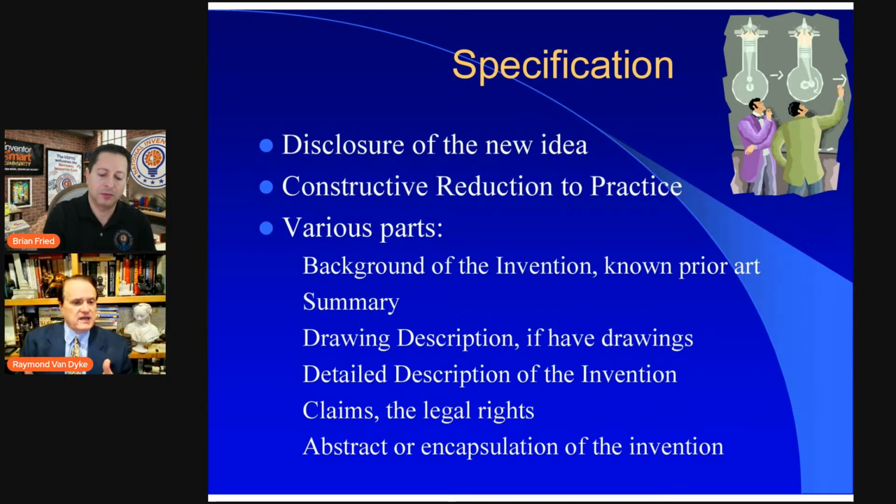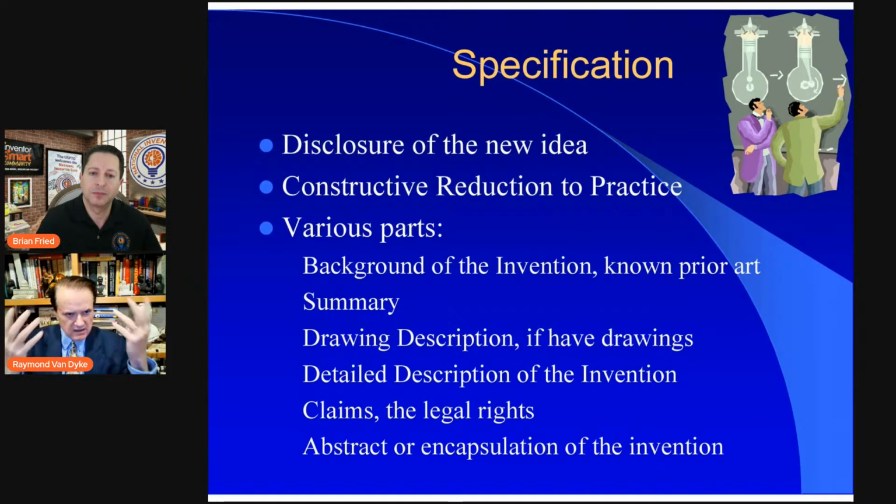The patent application is a constructive reduction to practice, which means that the patent system doesn't require you to actually create the invention. 150 years ago, they required a model of the invention, but they don't require that anymore.